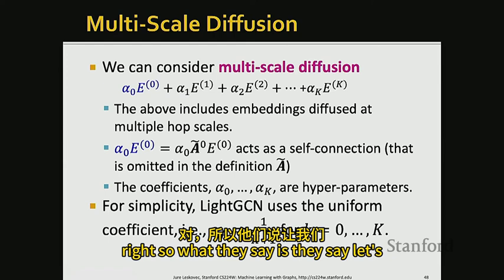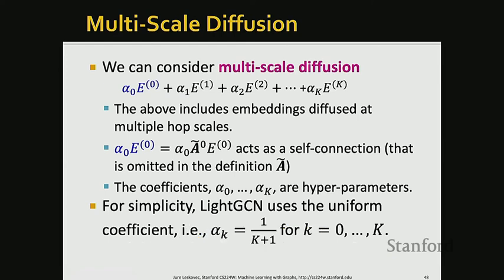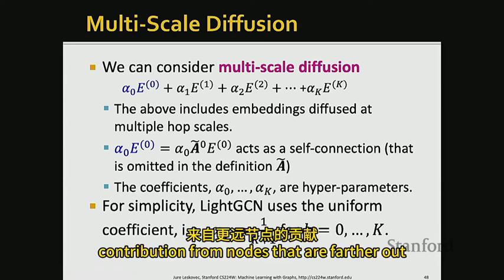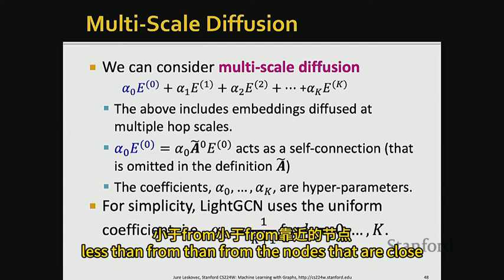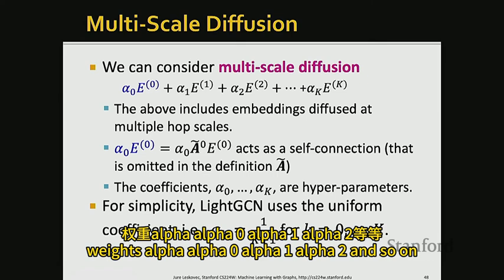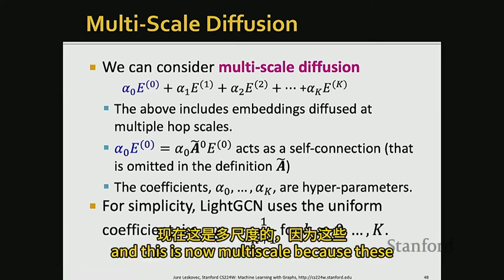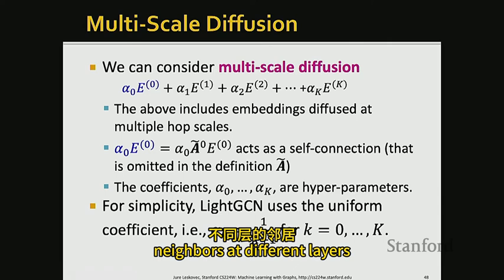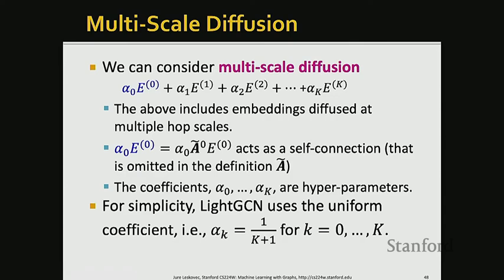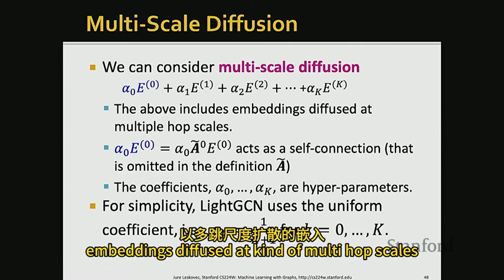So what they say is let's weigh the contribution from nodes that are farther out less than from the nodes that are close, okay? The way they do it is they come up with these weights alpha 0, alpha 1, alpha 2, and so on. This is now multi-scale because these neighbors at different layers contribute different amounts. And this includes embeddings diffused at multi-hop scales.